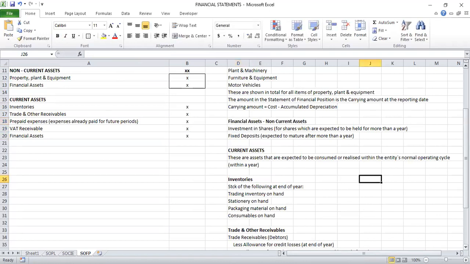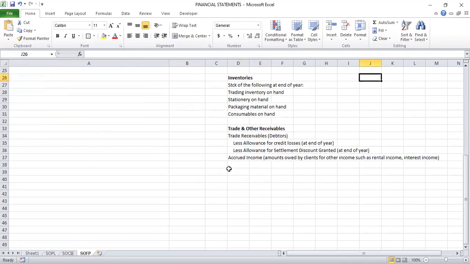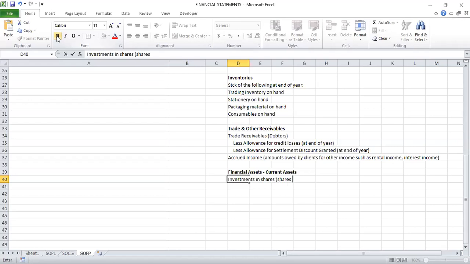Right. Then down here, I would then say financial assets, current assets. So we can include investment in shares. These are shares held for trading.